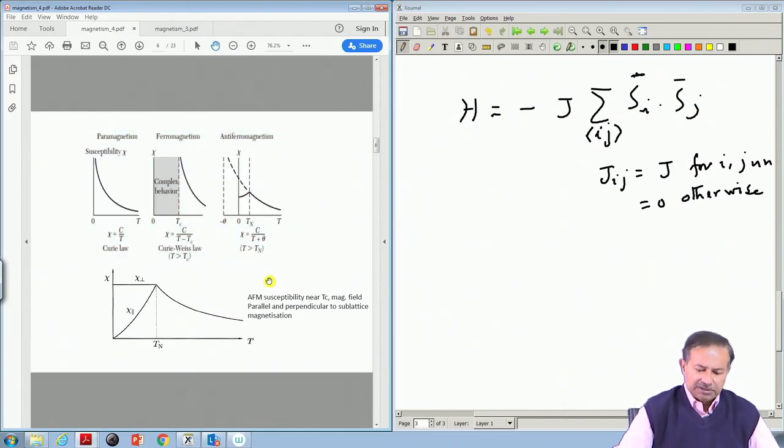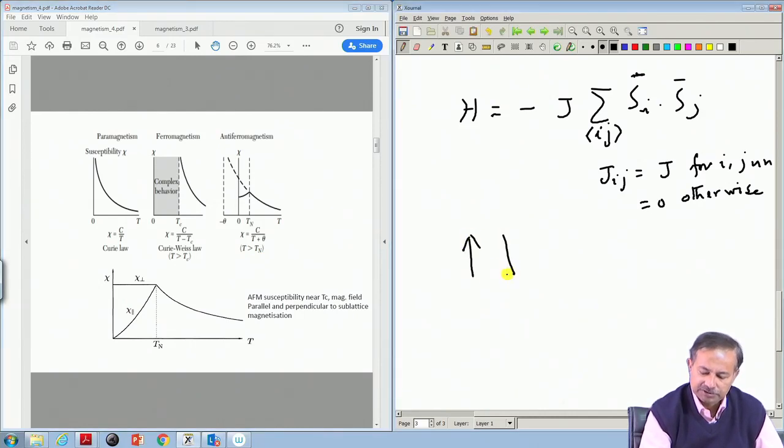So, the other interesting thing about an antiferromagnet is that, as I said, suppose you have an antiferromagnet where spins are aligned this way, and now you put a magnetic field which is in this direction.